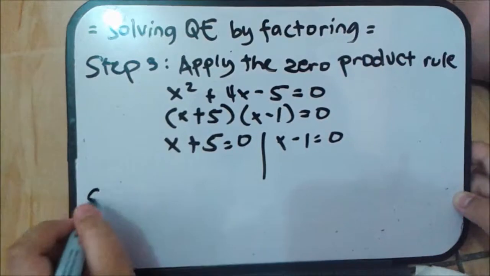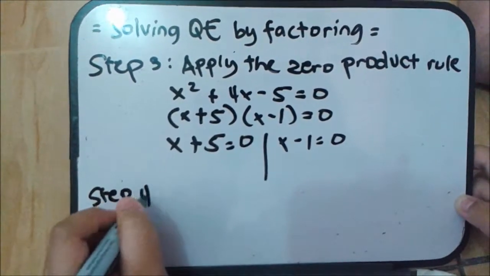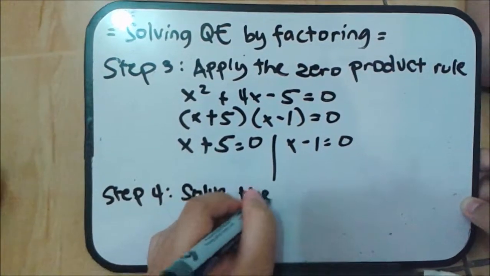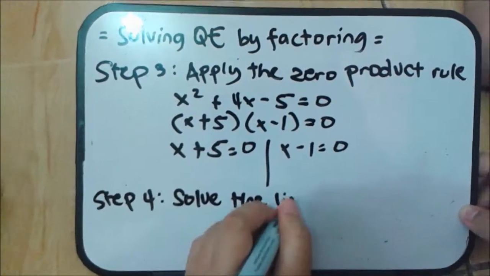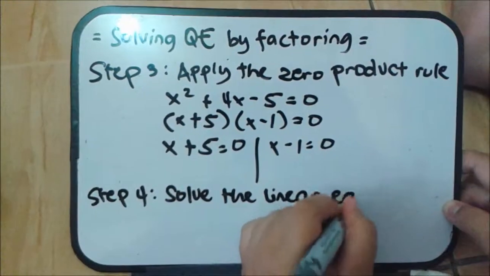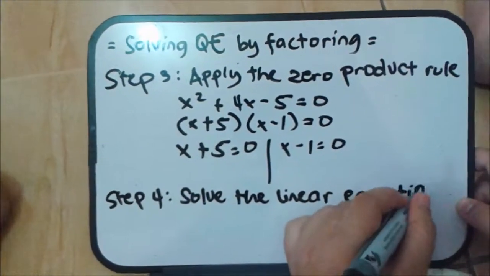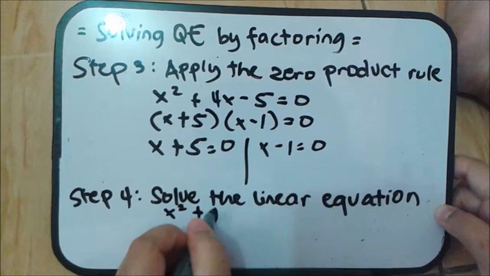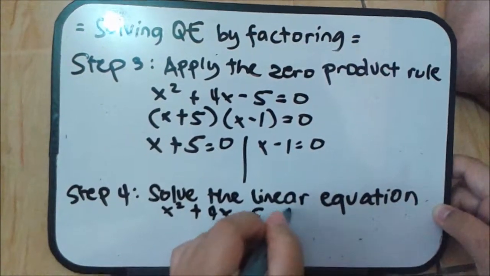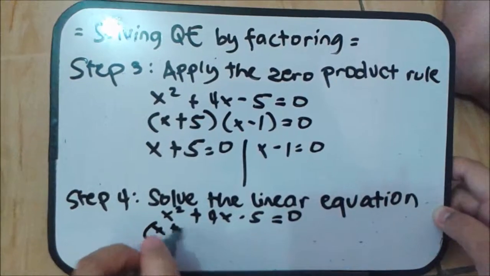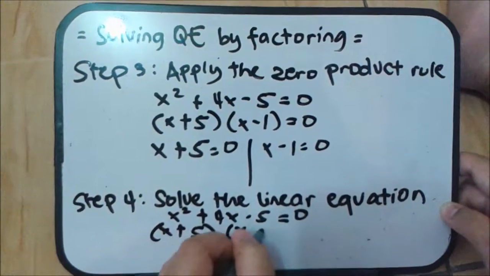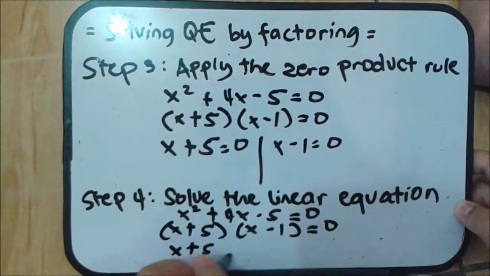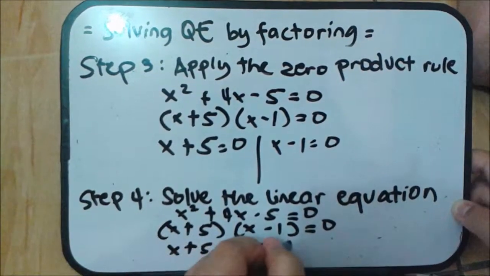And the last step, step number 4: solve the linear equation. x squared plus 4x minus 5 equals 0, x plus 5 times x minus 1 equals 0.